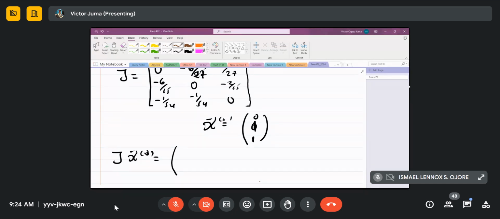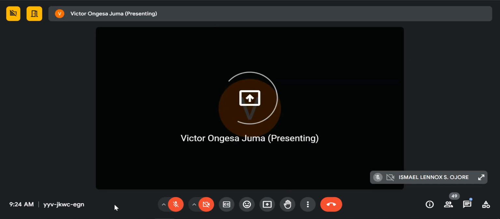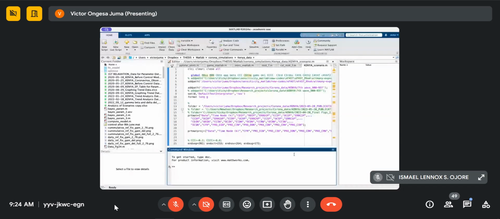And once you write down the formula, you now program that method. And then after you program it, you also do the same for these other methods. Just compute the iteration matrix, and then compute their dominant eigenvalues.